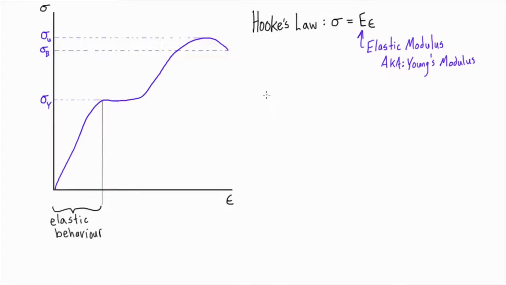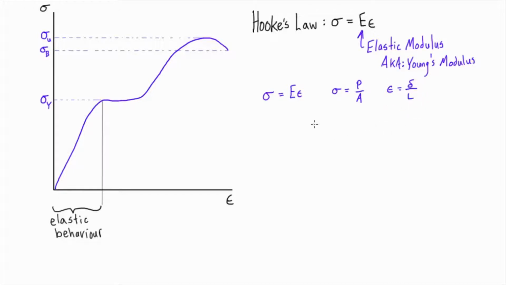The expression for Hooke's law is that the normal stress is equal to the elastic modulus times the normal strain. We also know that the normal stress is the applied load over the cross-sectional area of a member, and the normal strain is the incremental displacement found in the member over the initial length of that member.